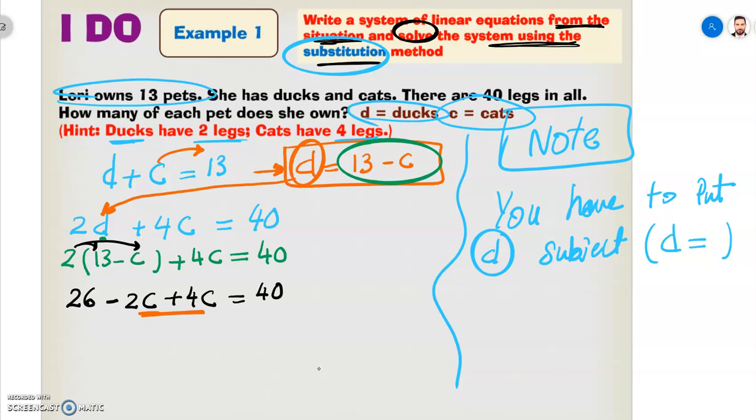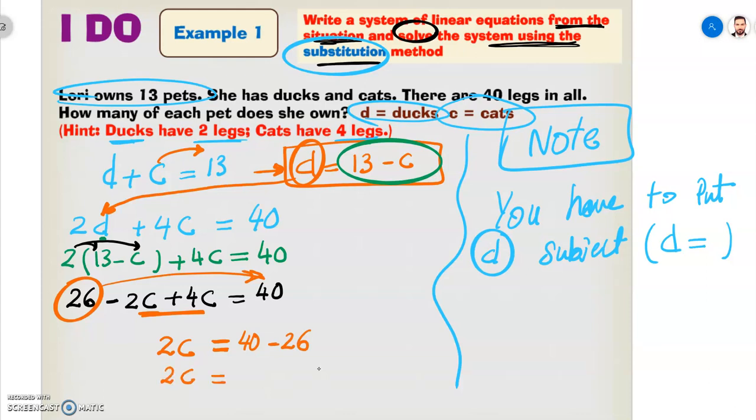Negative 2C plus 4C is equal to 2C, because 4 minus 2 is 2. And I have to switch number 26, please put it on the right hand side because I want to make C alone. Okay, so 40 minus 26.